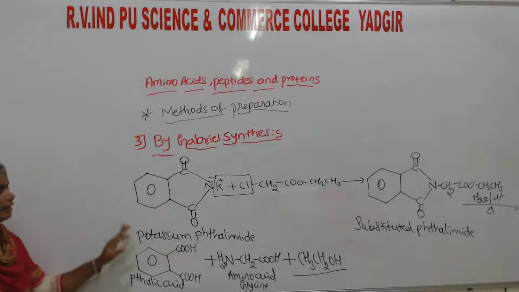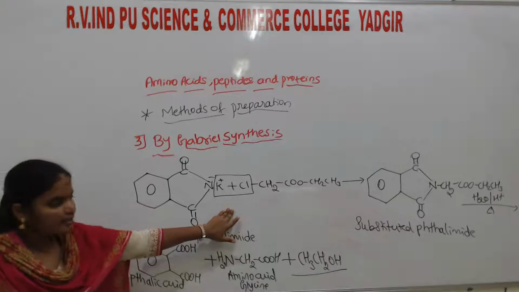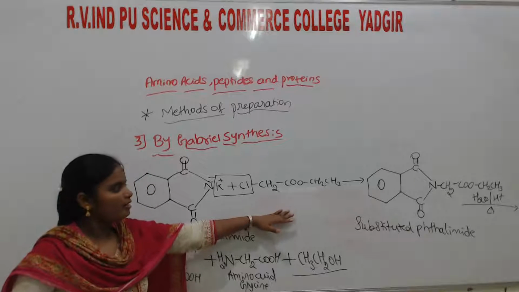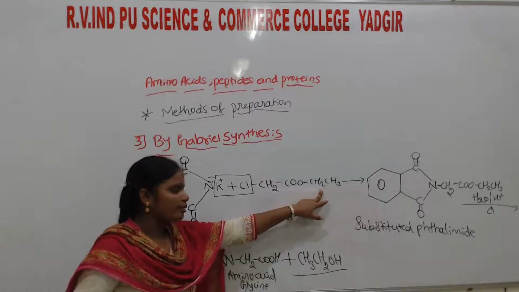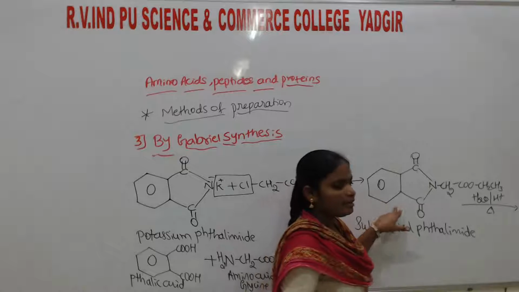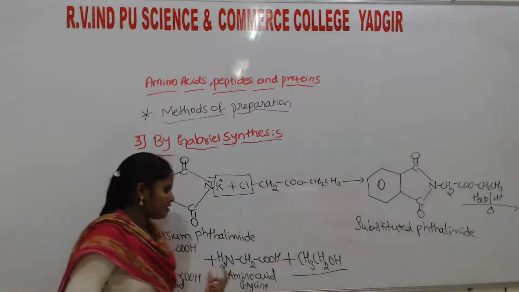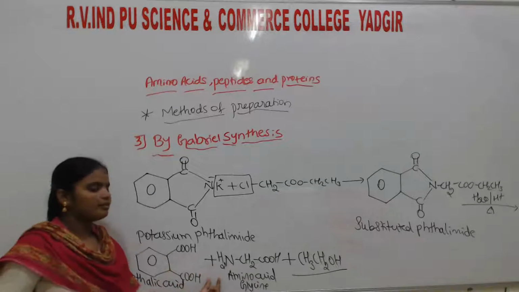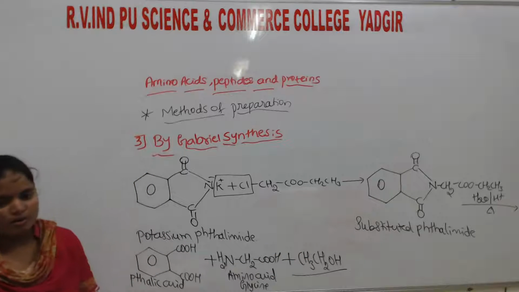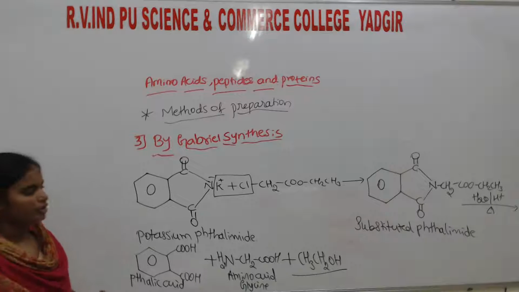First, potassium phthalimide is treated with alpha halo acid ester, ethyl chloroacetate, with the ethyl group, and substituted phthalimide is formed. Then hydrolysis takes place here, forming phthalic acid and amino acid plus ethyl alcohol. This is very important for a 4 marks or 3 marks question.